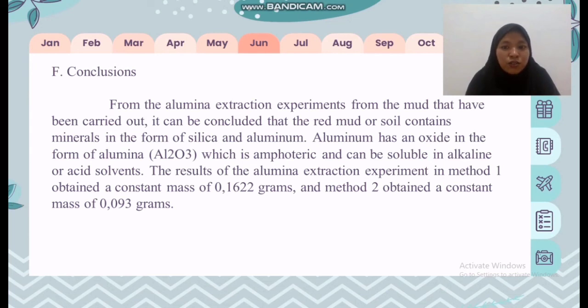And the result of the alumina extraction experiment in method 1 obtained a constant mass of 0.1622 grams, and method 2 obtained a constant mass of 0.093 grams.